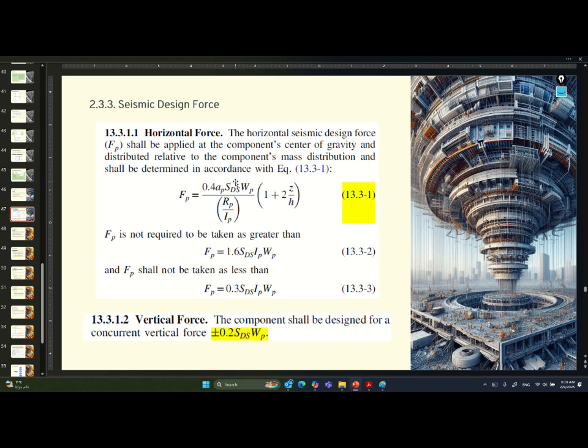We will have to multiply the FA by the SS to get the SMS and then multiply by 2/3. The WP represents the machine or the equipment weight. The RB and IB are also related to the equipment, and you will have to multiply by a factor which is the maximum value of this. It can range from 1 to 3.